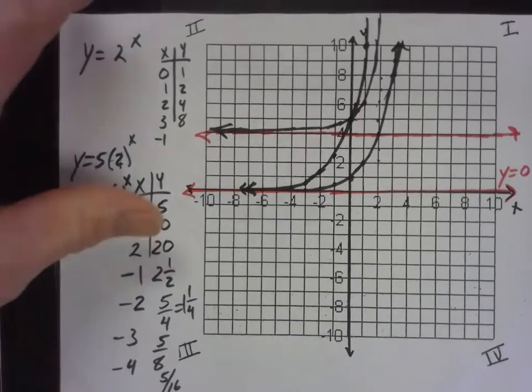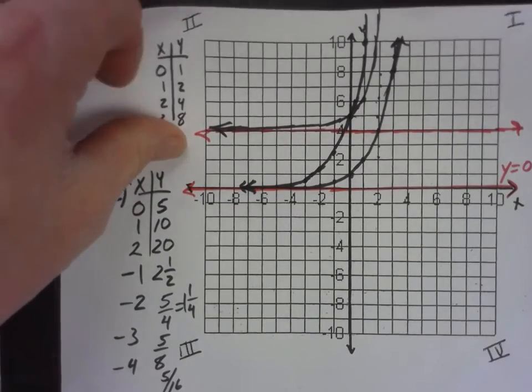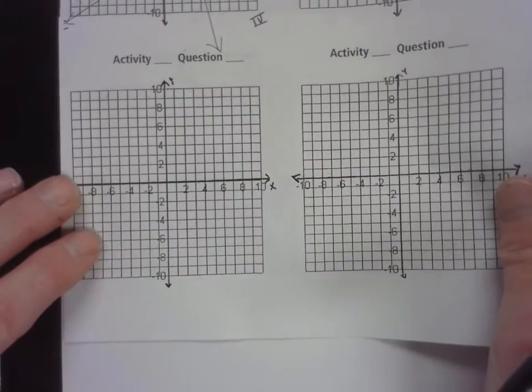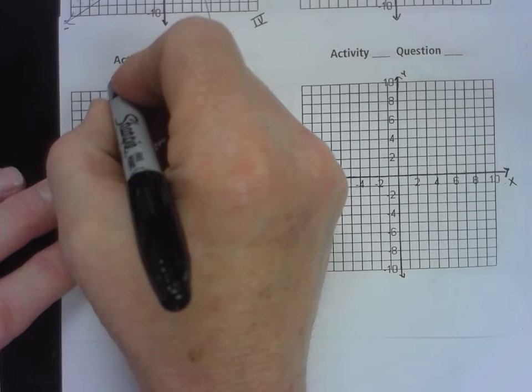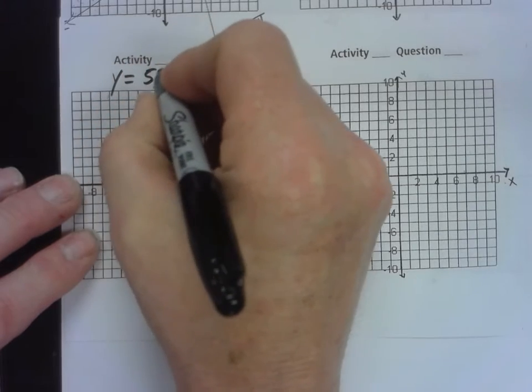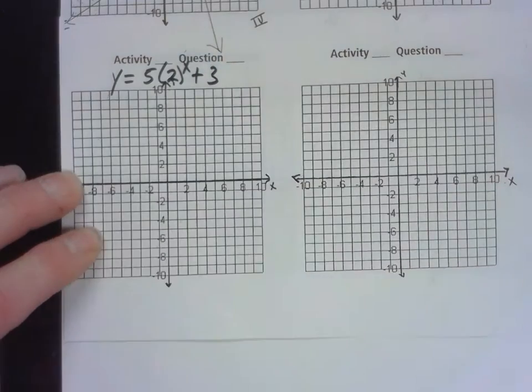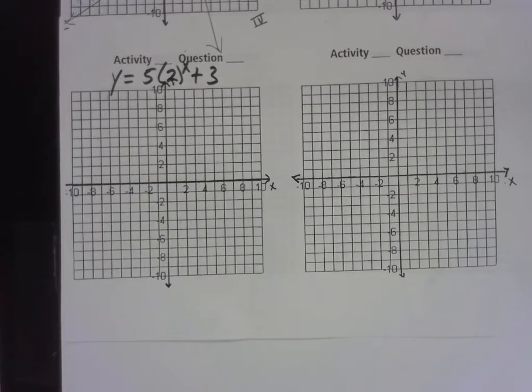Okay, so now let's take a look at the next one there. Y equals 5 times 2 to the x plus 3. So we remember the y equals 5 times 2 to the x.